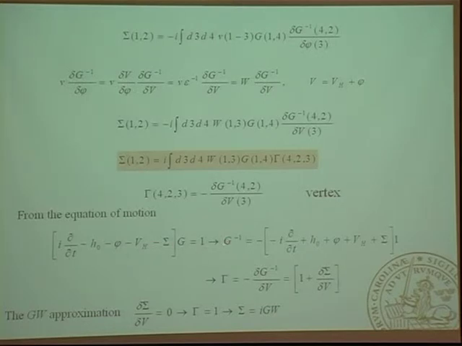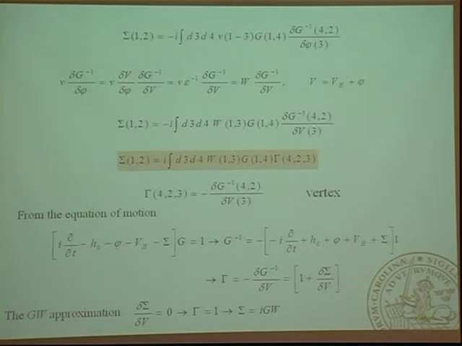So we can calculate this vertex by taking the functional derivative of the G to the minus 1 with respect to the total field. So the total field is just this thing here, the phi plus the V Hartree. So that gives me 1. And then we get the contribution from the self-energy.